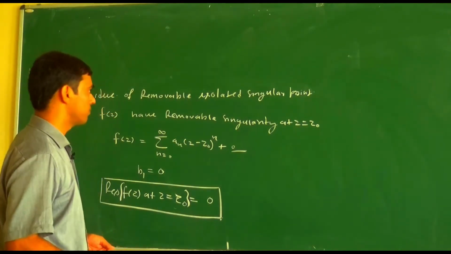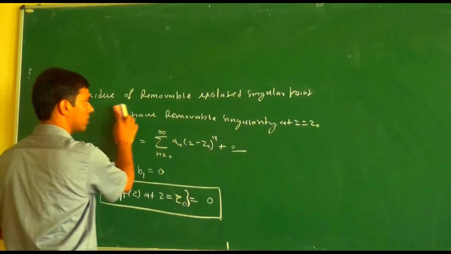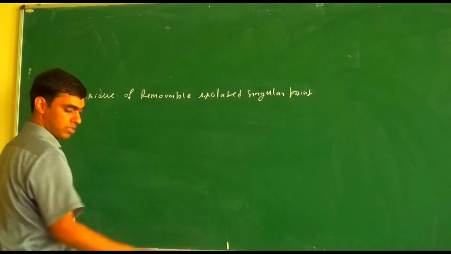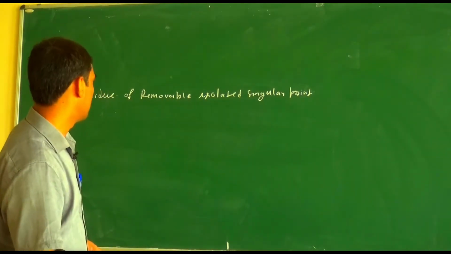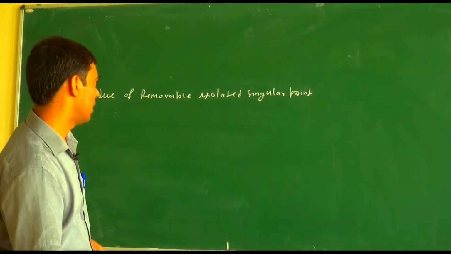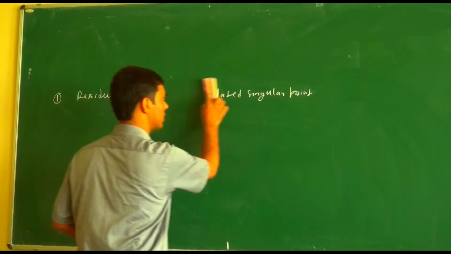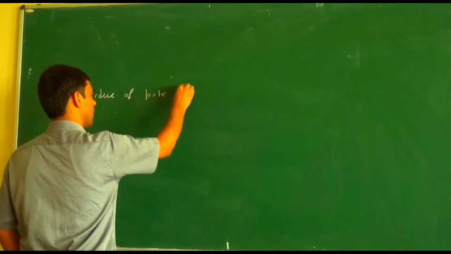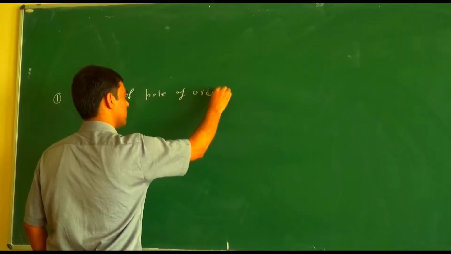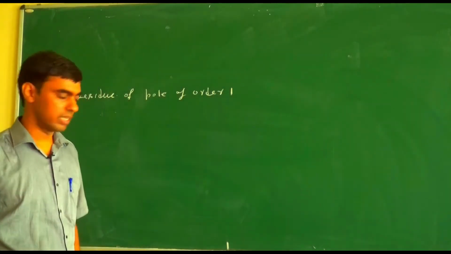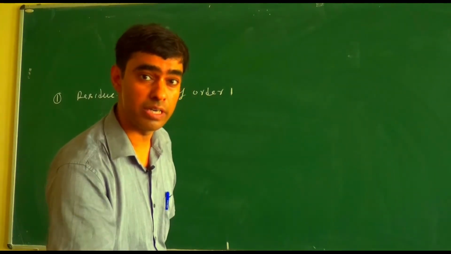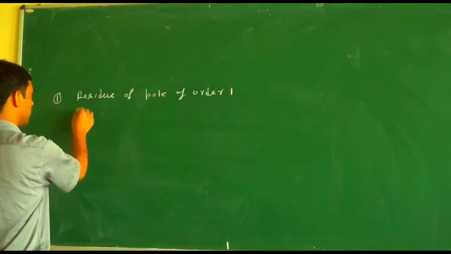Now, the residue of a pole of order 1. A pole is an isolated singular point. The residue of f(z) at z equals z0, where z0 is a pole of order 1.